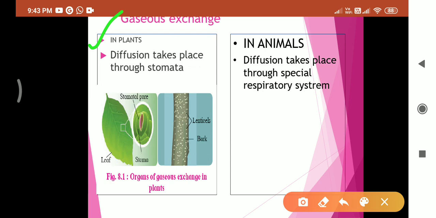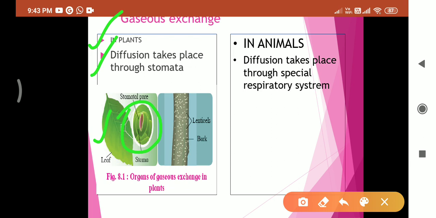In this picture you can see the diagram of a leaf. The leaf has small spaces, called air spaces. What is the name of this opening? That name is the stomata. The stomata are the place for gaseous exchange, and the process is diffusion. So diffusion takes place through the stomata.